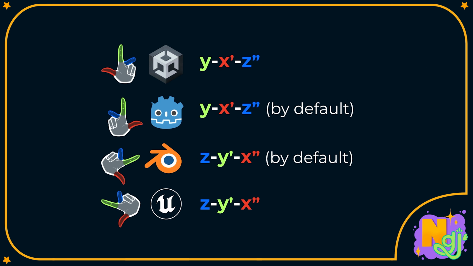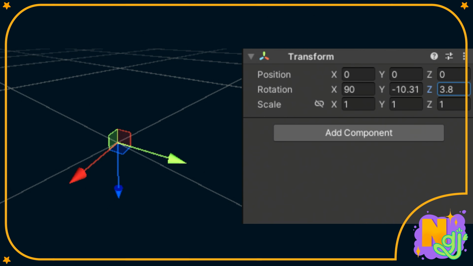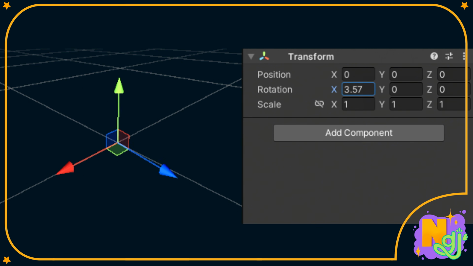But there's one more wrinkle with Euler angles that I think most of you have probably heard of. I don't know why people know about this concept so clearly and why people talk about it so much, but it is kind of interesting. And that is if you set the rotation of x to 90 degrees, and then you try to rotate the other two. We rotate y there, so that's around world space y.